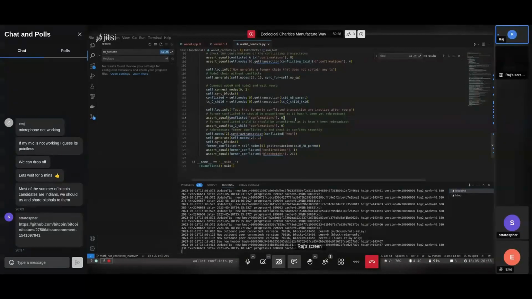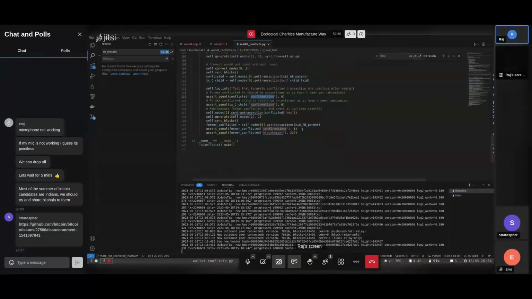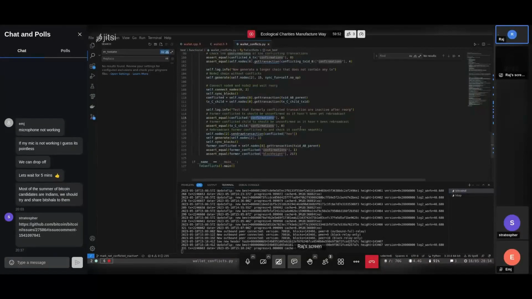I'm not sure whether it's in the mempool or not, maybe we can check that. But it's basically saying it's not inside any block, and importantly it's not conflicting anymore because the conflicted transactions A1 and B1 got reorged out by the new blocks. Does that make sense?